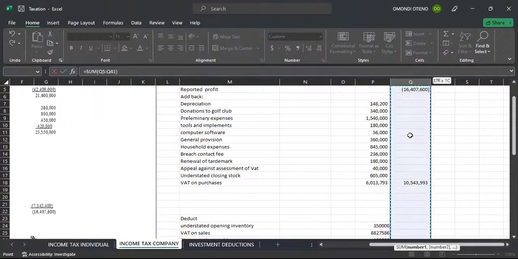Ni ngapi? Summation of values in column Q ni ngapi? Yes, let me see your figures. -16, 158, 134.